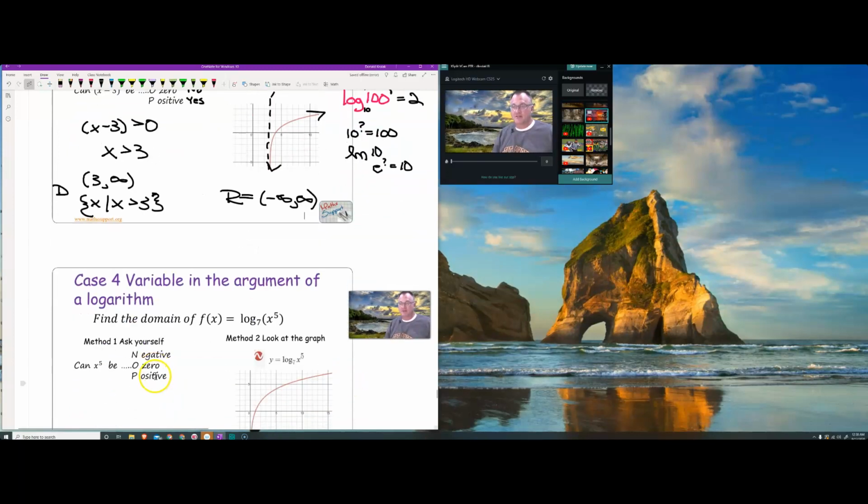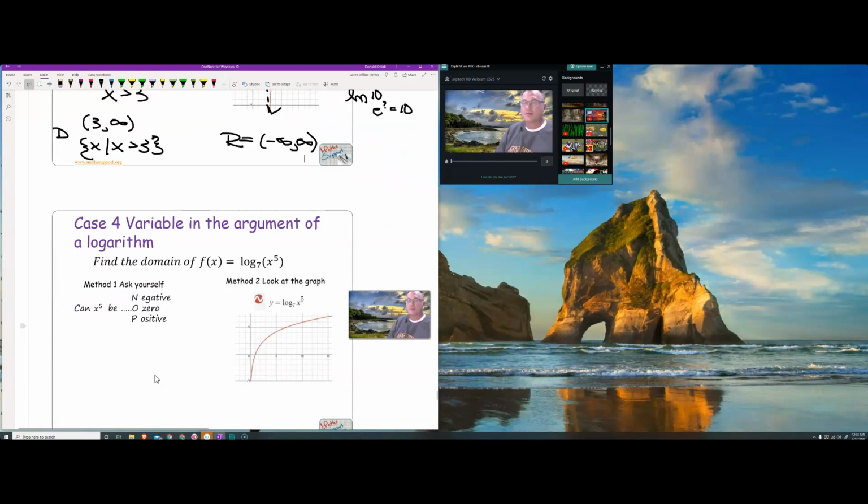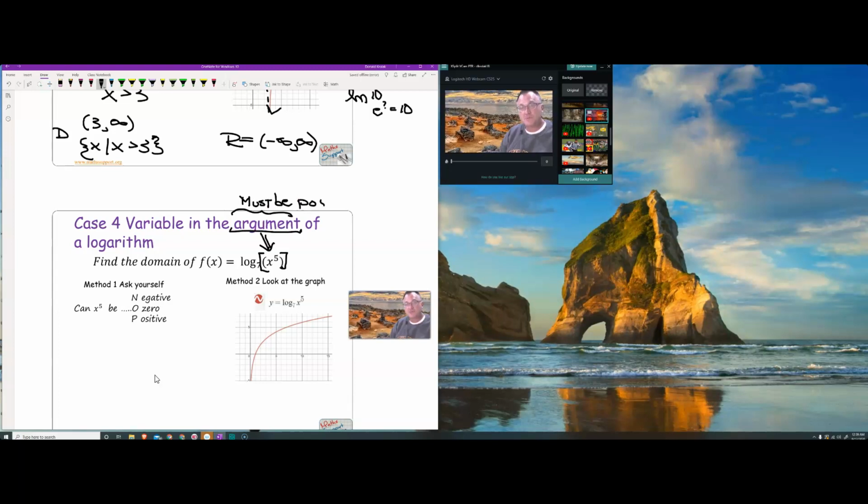All right, and finally, the last one. Okay, find the domain. And again, we have the argument, guys. Whatever number is right here is called the argument. So I know the argument must be positive, which means it's got to be greater than 0.